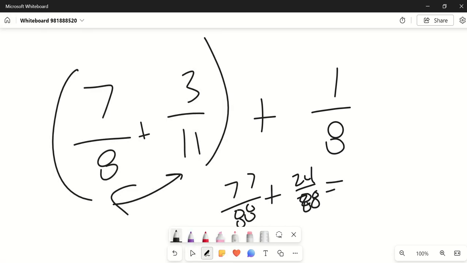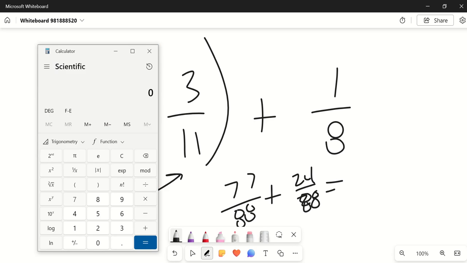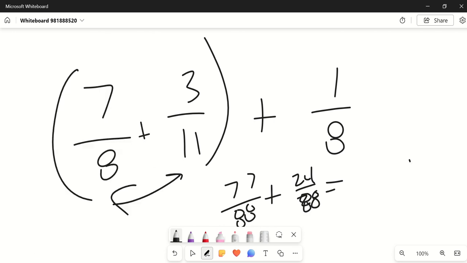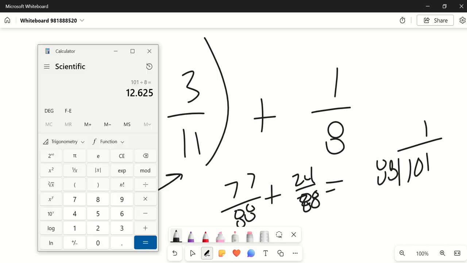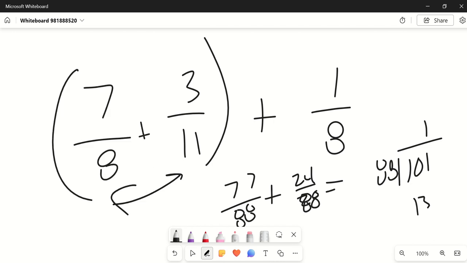Let's do this on the calculator. 77 plus 24 equals 101, divided by 88 would be 1. 101 minus 88 would be 13. So this would be 1 and 13/88.